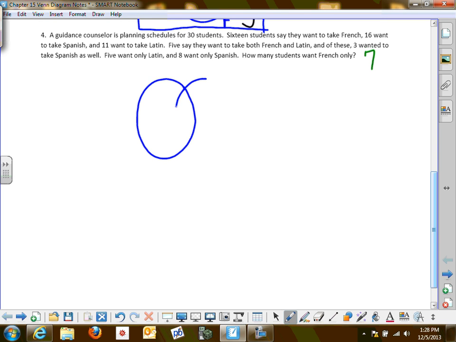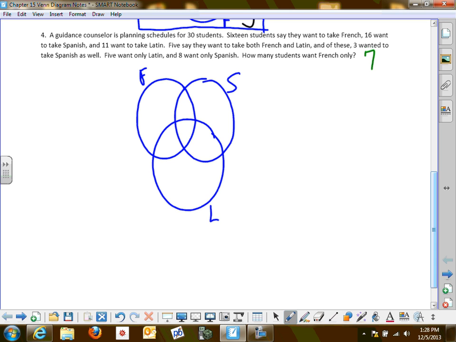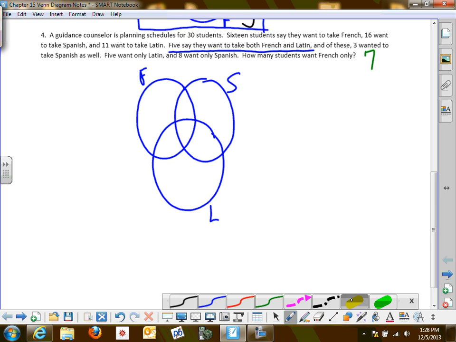3 circles. And I got French and Spanish and Latin. So, we know our whole French circle is 16, our whole Spanish circle is 16, our whole Latin circle is 10, and this right here, 5 want to take both French and Latin, so that means that this football-shaped region is 5, okay?